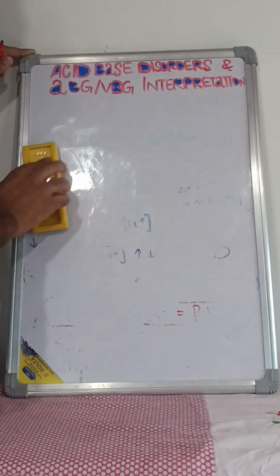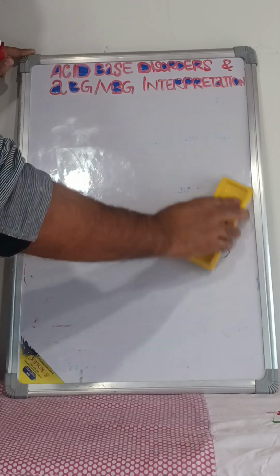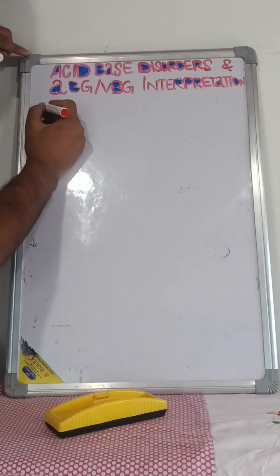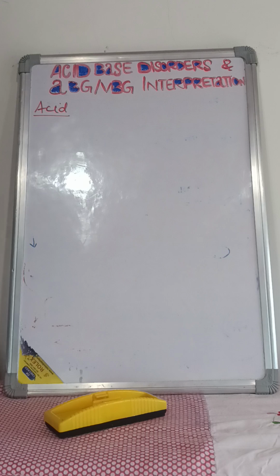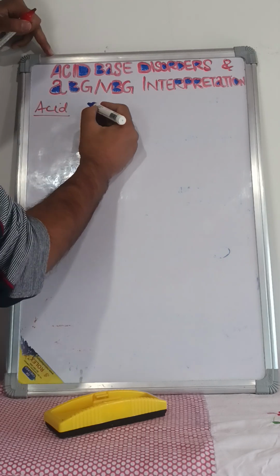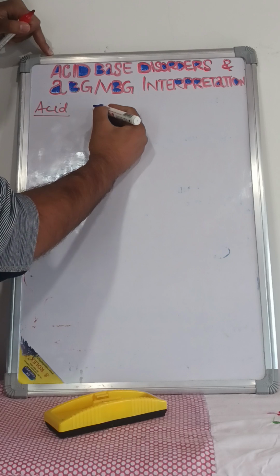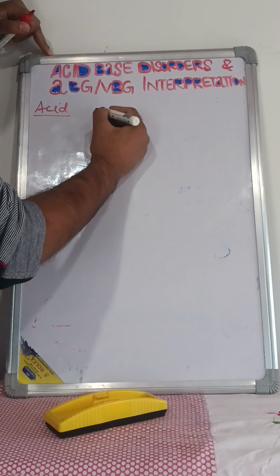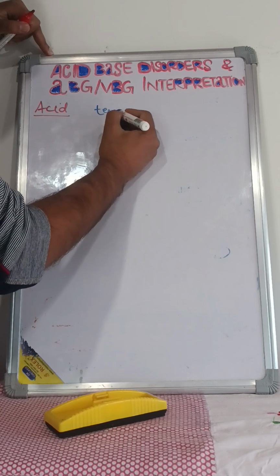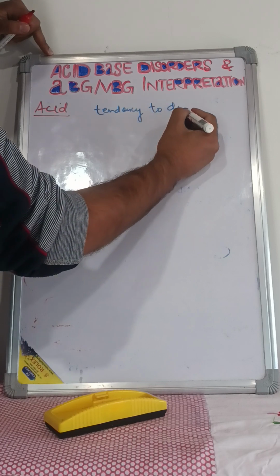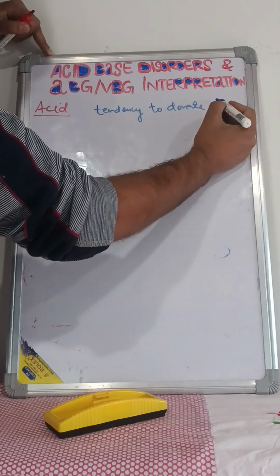We have seen what the pH means, and now our second concept is, what is acid? Acid is defined as any chemical species or any compound or any substance which has tendency to donate protons.